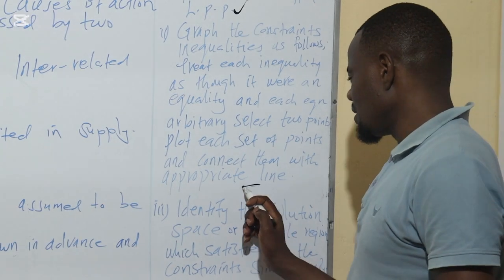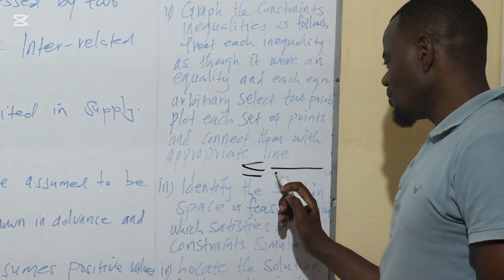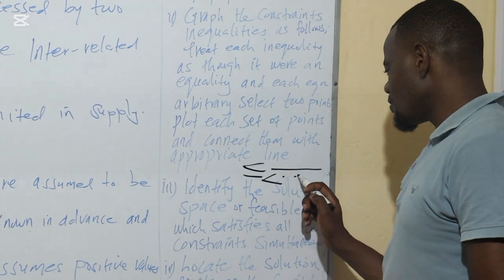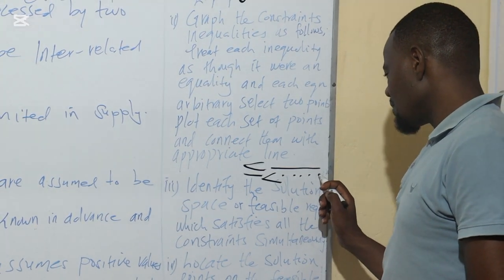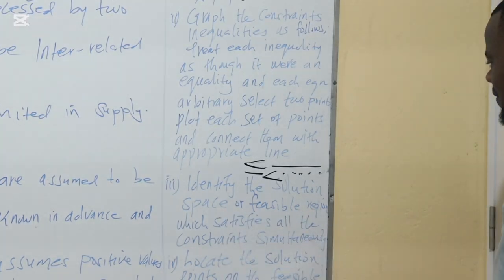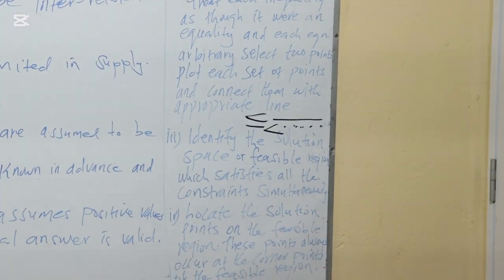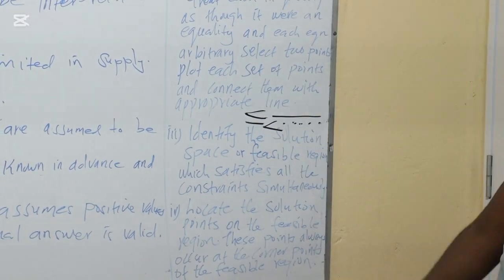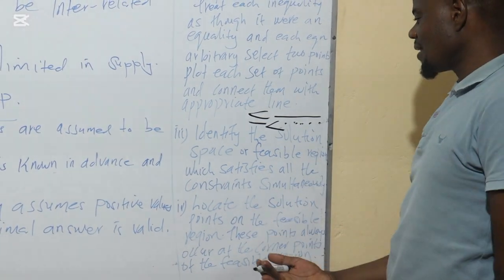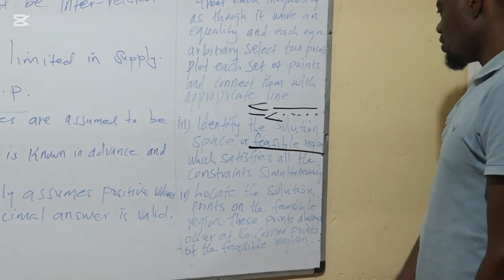When you use an inequality of less than or equal to, I'm expecting a full line. But when I use strictly less than, then you have to use a dotted line. Identify the solution space, or the feasible region, which satisfies all the constraints simultaneously. Remember, you will check the area that you don't want and you will be left with the area that you want. That area that you want is what we call the feasible region.